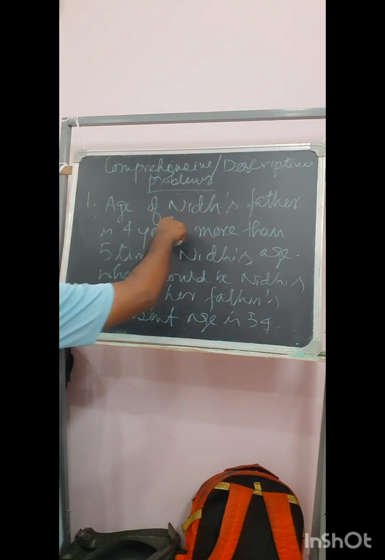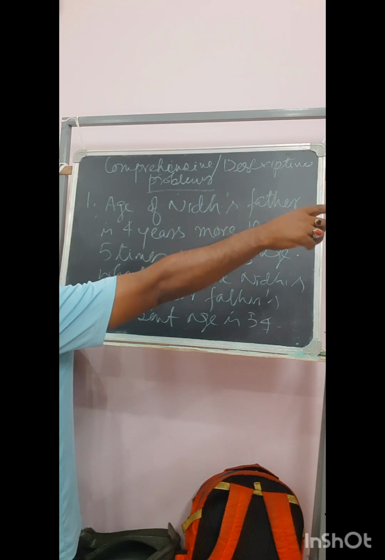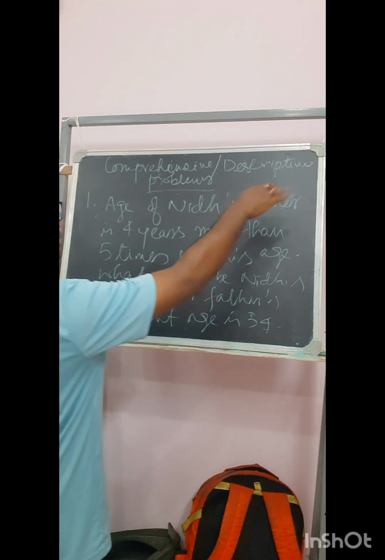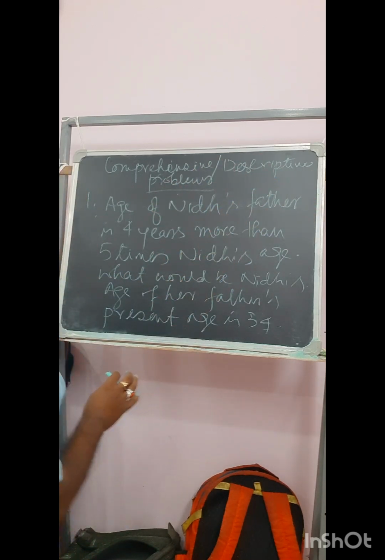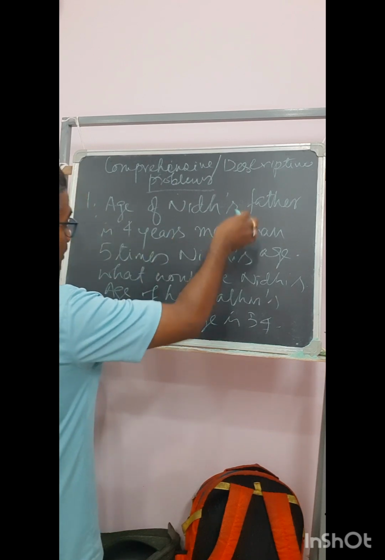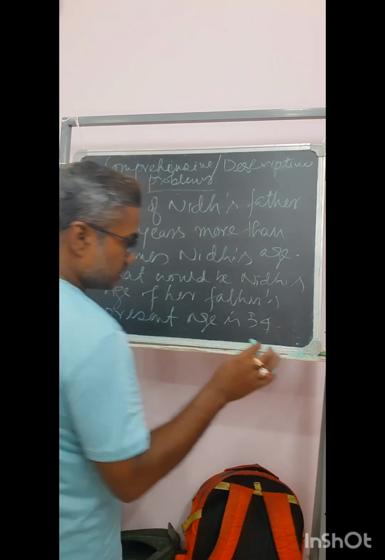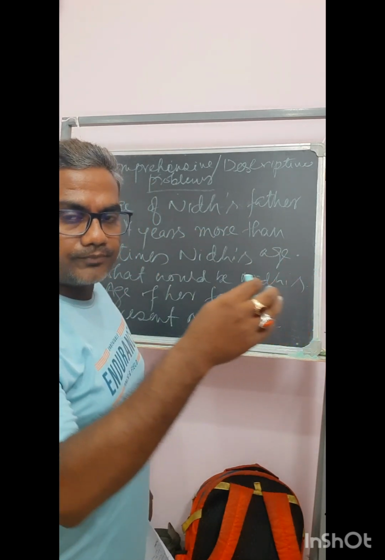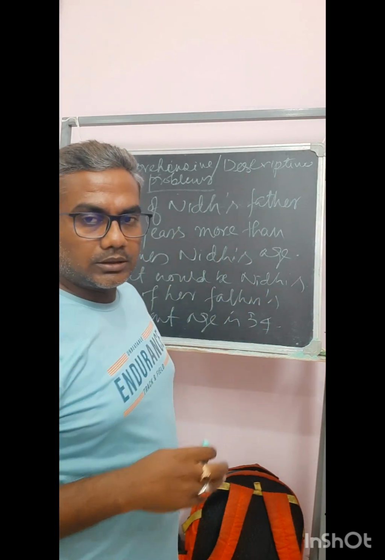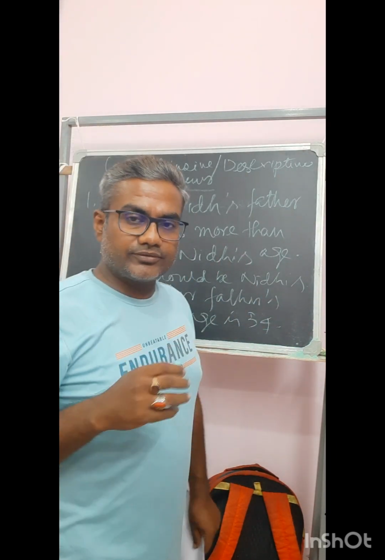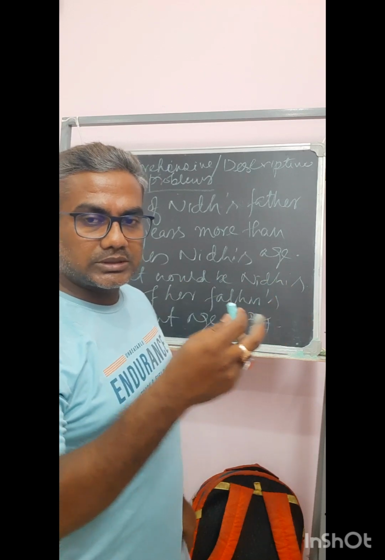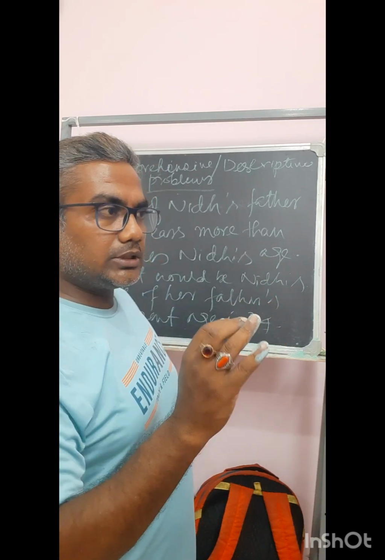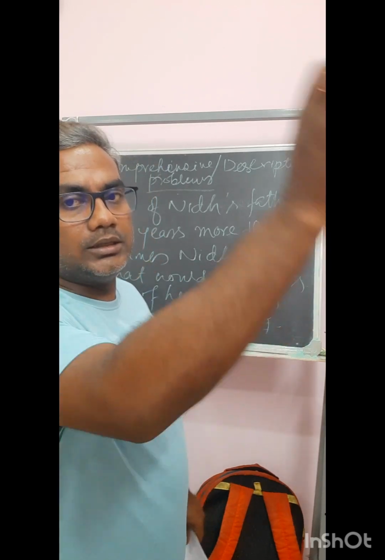There are two characters, one is Nidhi and another is Nidhi's father. So there is a relation between their ages. How it is related is not given as a direct relation, because when you compare the ages of two persons, it is not that they always move parallelly.